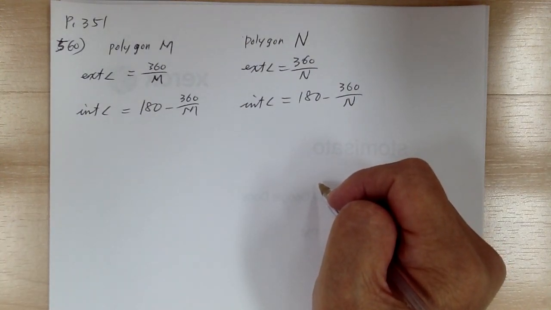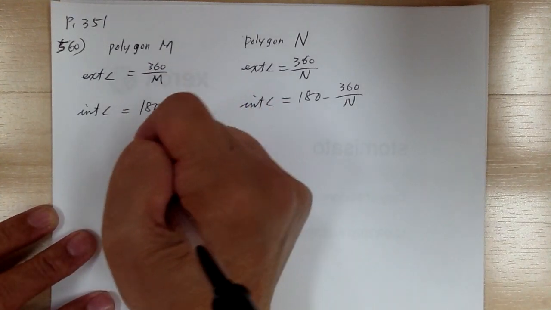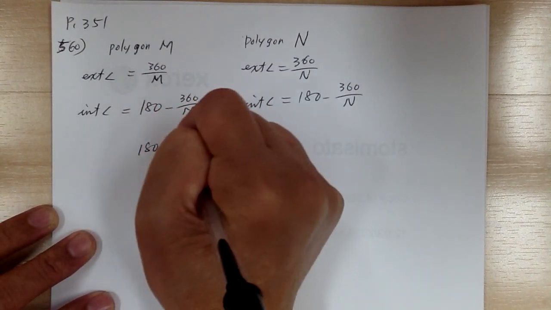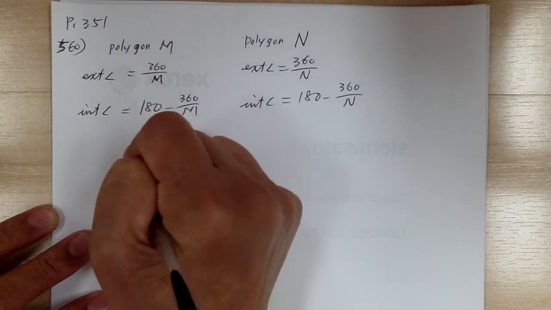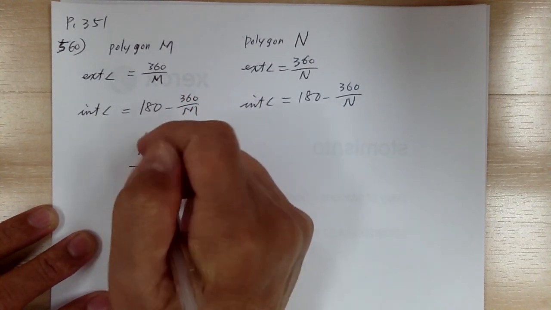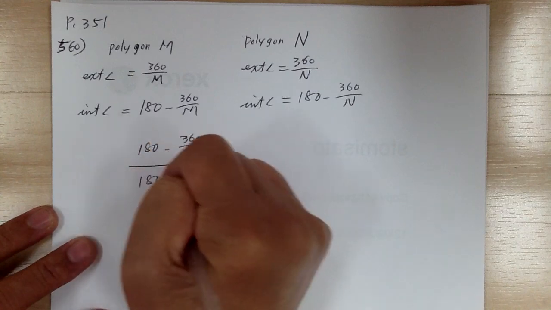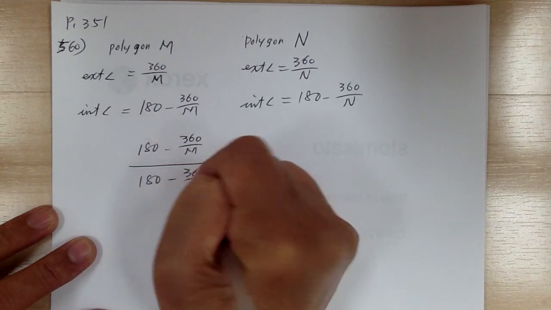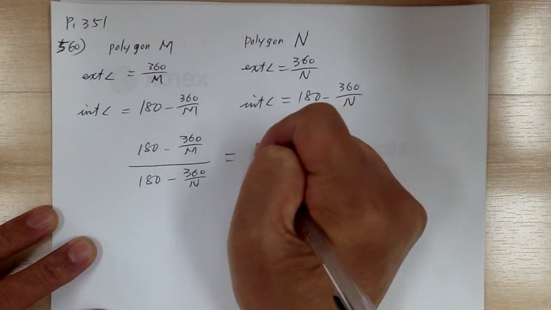And then the ratio is 3:2. So that means 180 minus 360 over M, over 180 minus 360 over N. So this to this is equal to the ratio of 3:2.